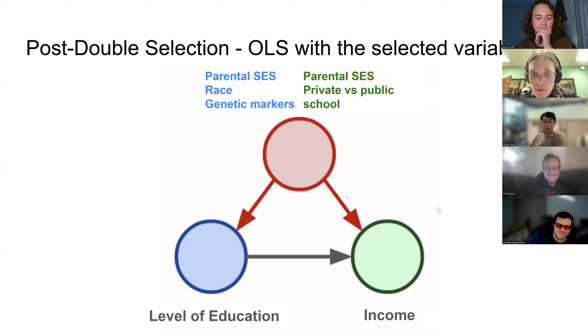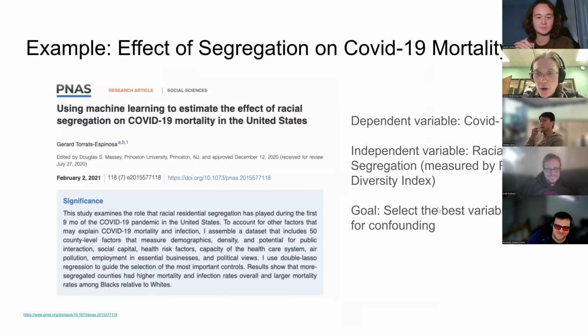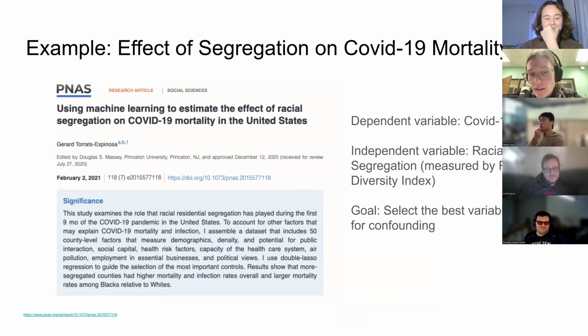All right, cool. So before we get into the code on this, I did want to take a second to talk through a recent example in PNAS. The author here was trying to look at the effect of racial segregation on COVID-19 mortality.